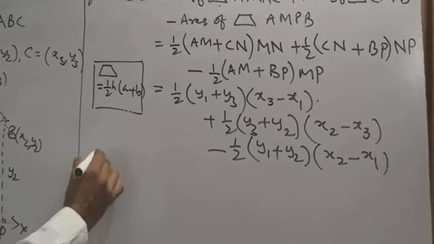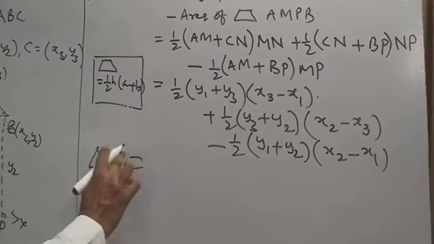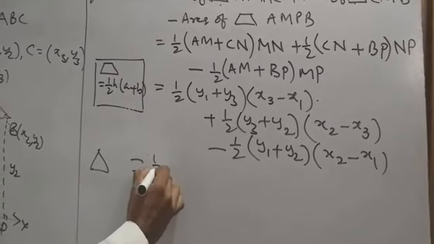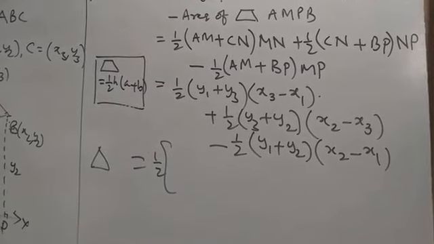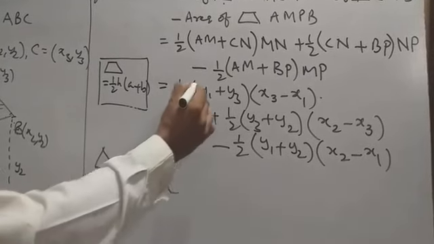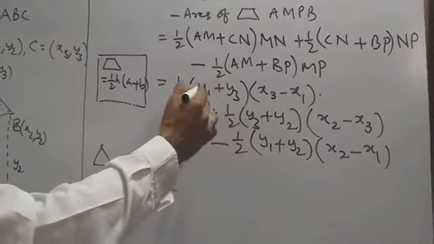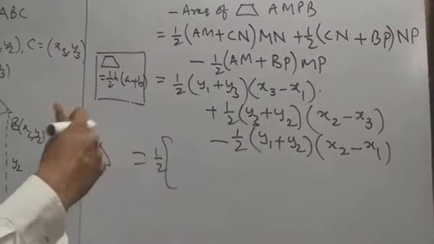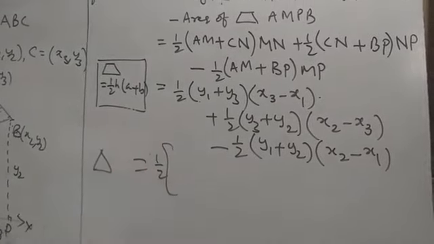If you simplify, area is equal to half of, you can take half common in all the three terms and expand. So multiply with individual terms, y1 into x3. I'll write for convenience x first and next y.